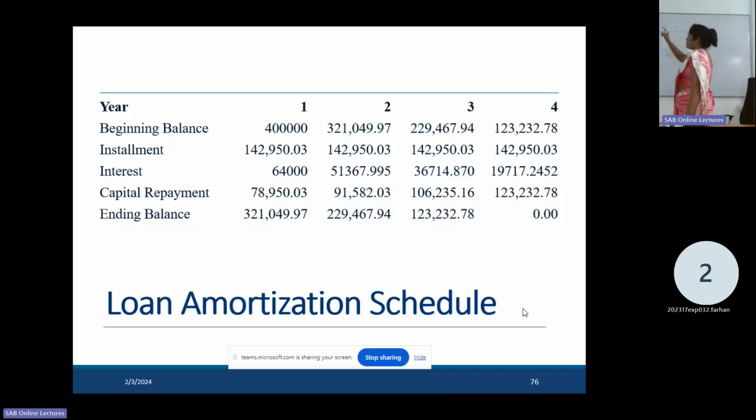So the loan outstanding balance is 1 minus 1 plus R to the power minus 2, divided by R. Solve this and see whether you are getting 229,467. You are getting that one. So you can take the outstanding balance by looking at the amortization schedule, or you can apply a formula like this to calculate it.